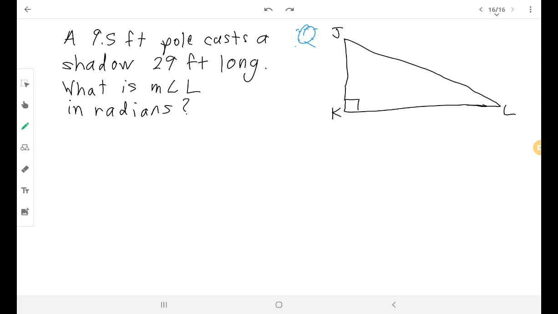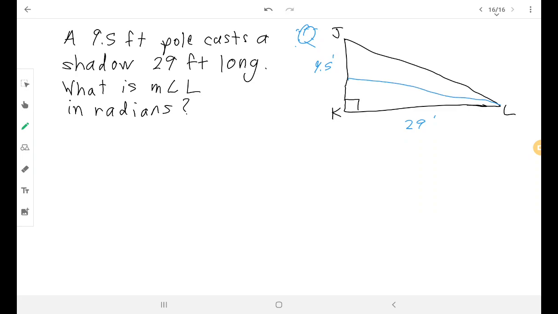Okay, so I've got 9.5 feet here, and I've got 29 feet there. I want to know the angle of elevation of the sun, which is angle L, this angle right there.